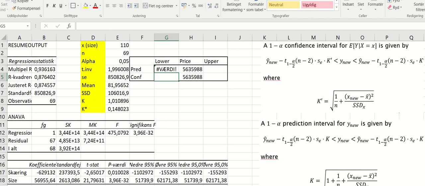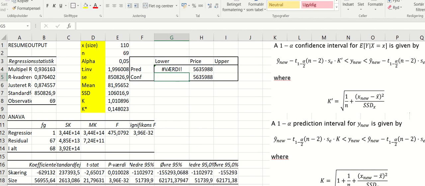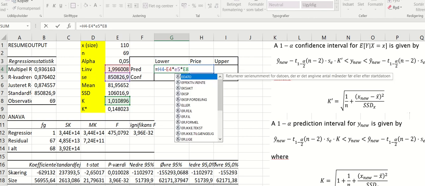That should hopefully give us a value. Let's try again. F2, what is wrong here? I clicked the wrong cell here. It should say E5, of course. Here we are.